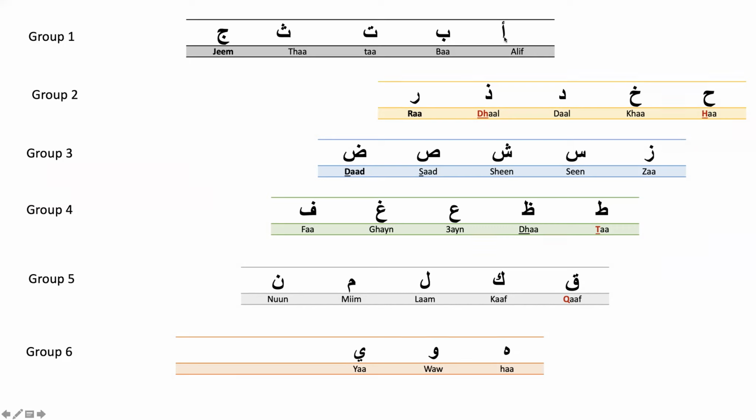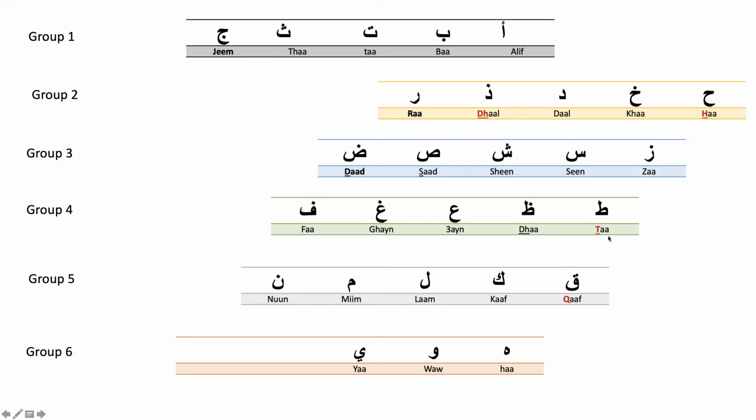The first set starts with alif, ba, ta, tha, jim. The second set: ha, kha, dal, dhal, ra. The third one: za, sin, shin, sad, dad.